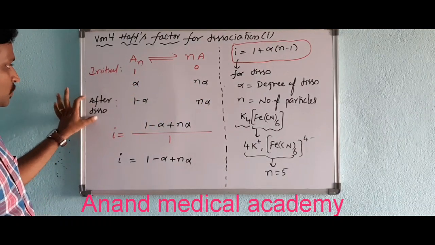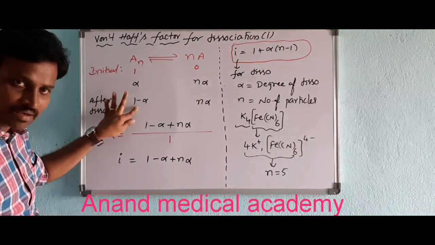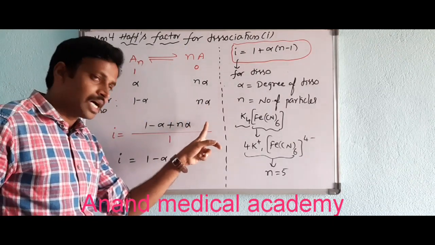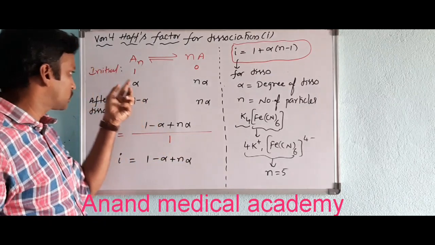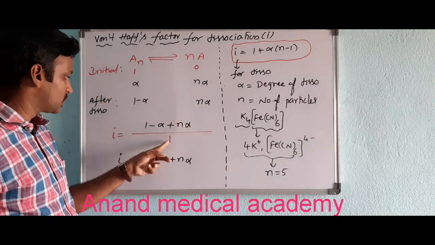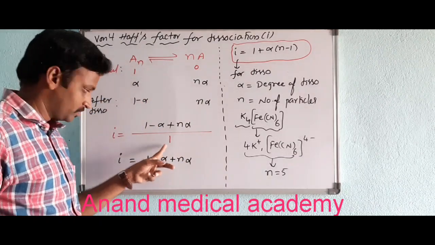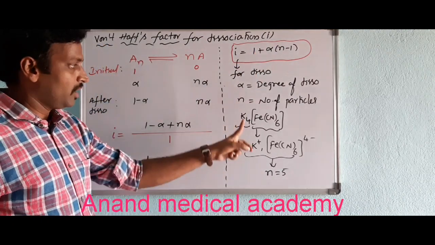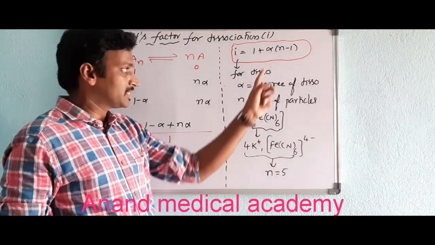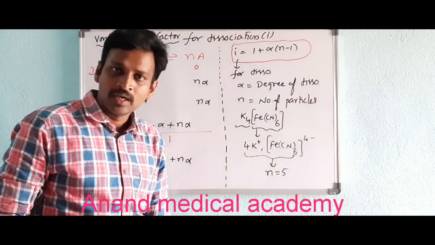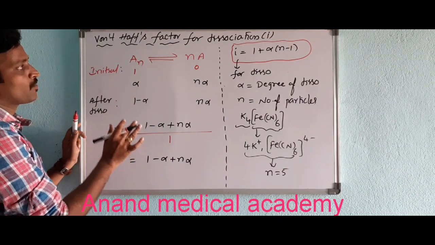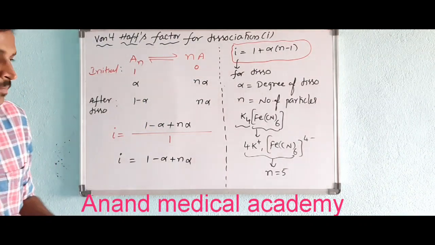After dissociation, remaining is 1 minus alpha and formed is N alpha. I is the total moles after dissociation by initial moles, which is 1 mole. Finally, you have I. What is alpha and what is N? N is the number of particles.